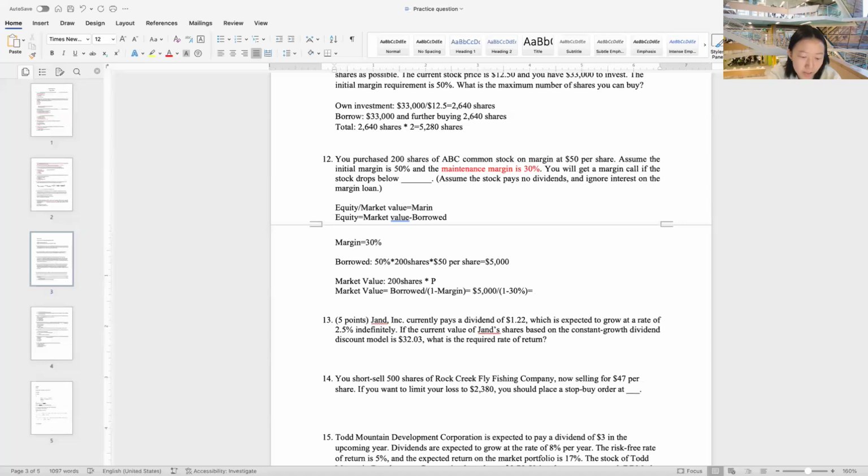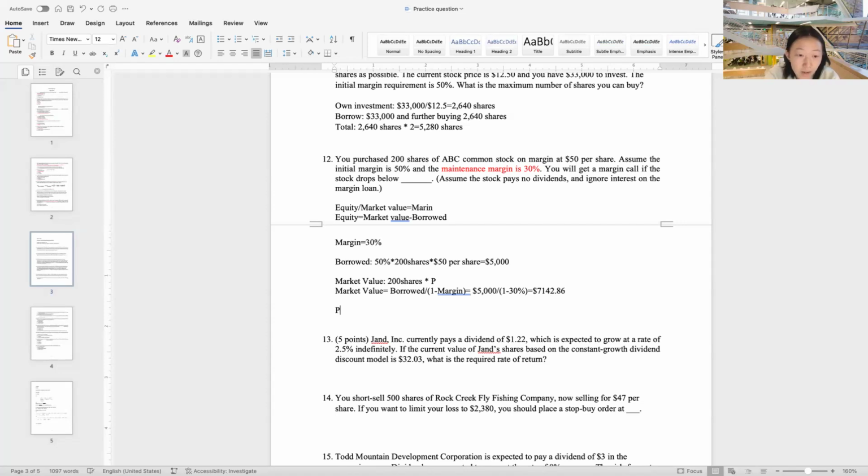5,000 divided by 0.7, that is 7142.86. And then the price, we can therefore solve for using the total market value divided by number of shares, which equals $35.71 per share.